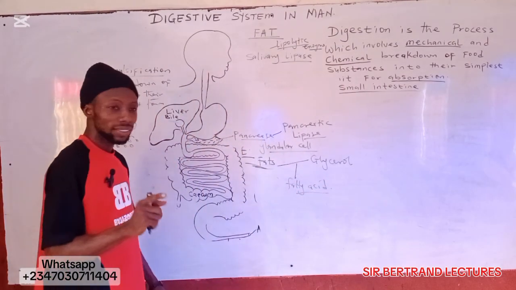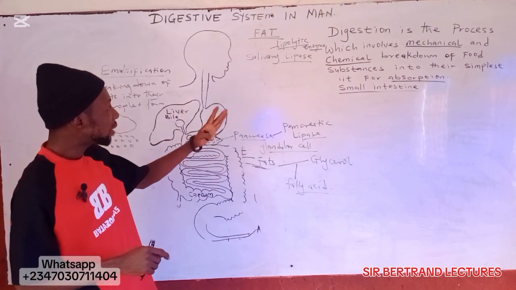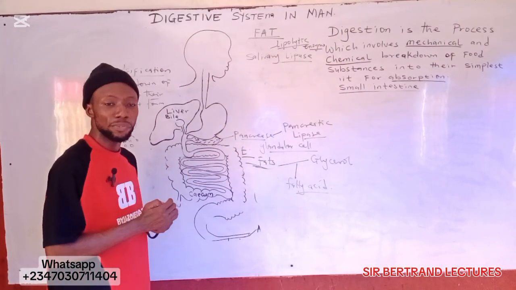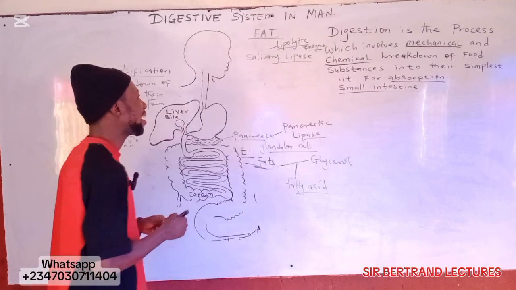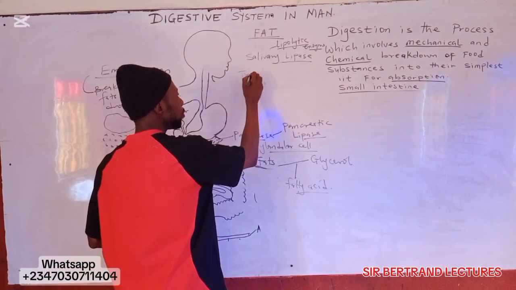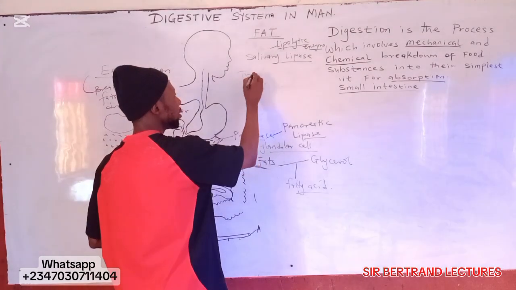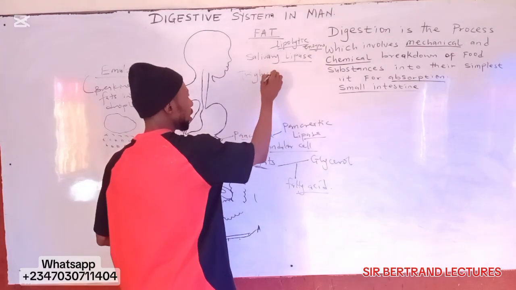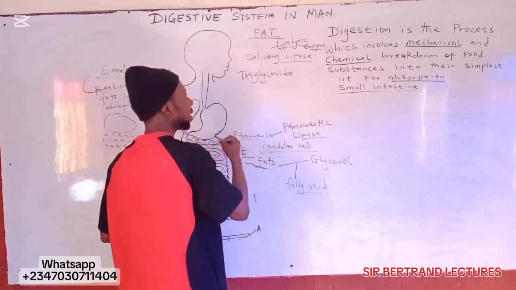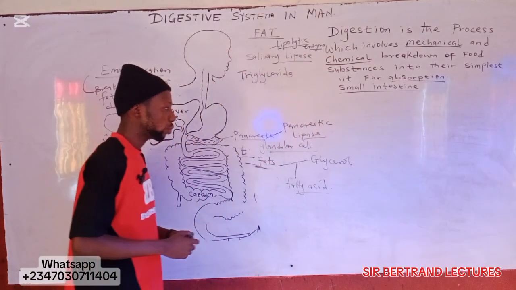Please take note of this: the fat in the food is taken in the form of triglyceride. This is the form in which fat is taken into the body in food.